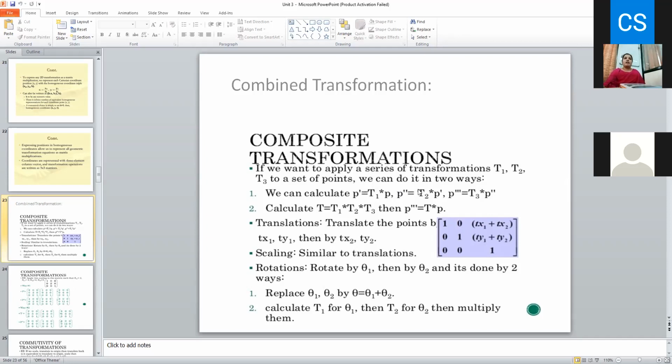Then on P dash, I apply the second transformation and get P double dash, and so on. So every time the original matrix is changing in the first method.